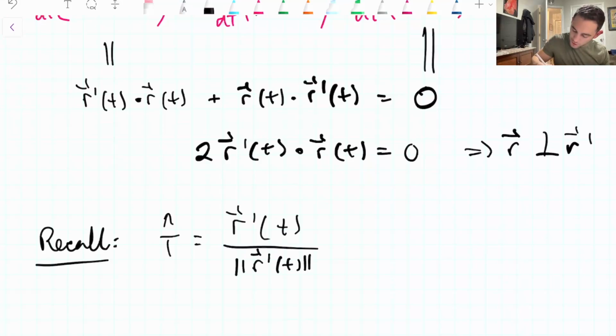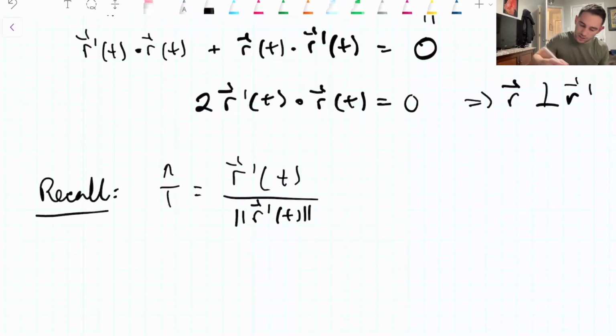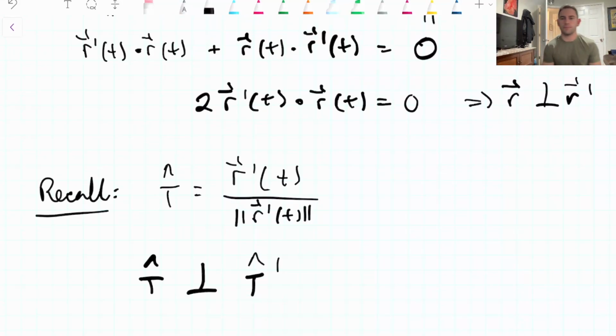And its magnitude is always 1, right? This is the unit tangent vector. So I should observe that t hat is perpendicular to t hat prime. So what I would like to explore is, why is it that t hat prime should be perpendicular to t hat, and what direction ought it point in?